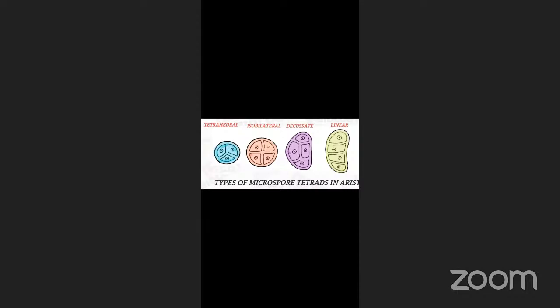Let's see, first of all, the sporogenous microspore mother cell, 2n. Meiosis 1, two nuclei.